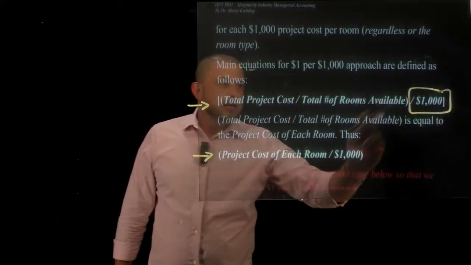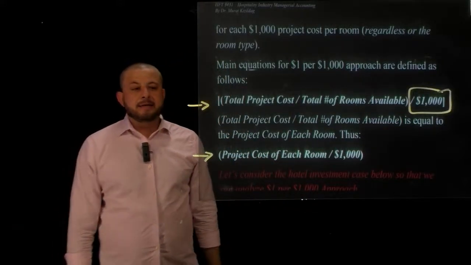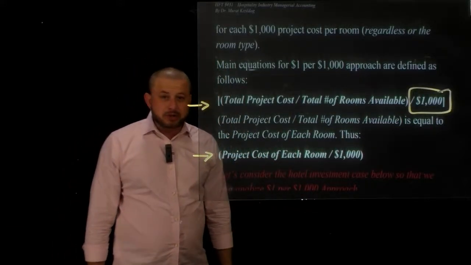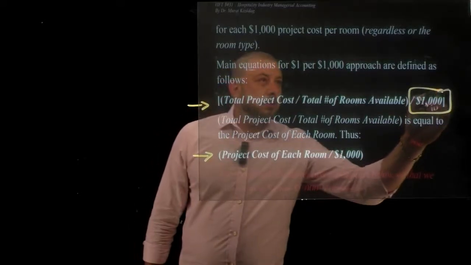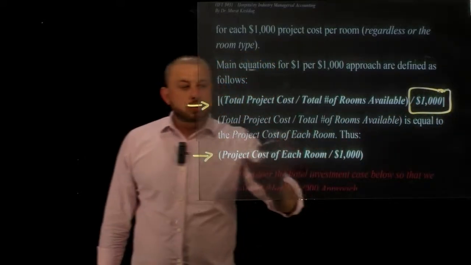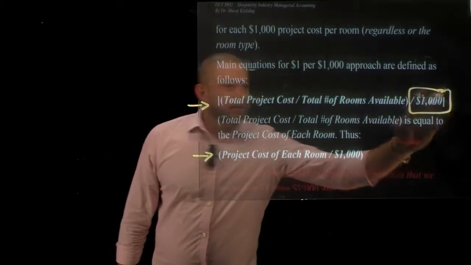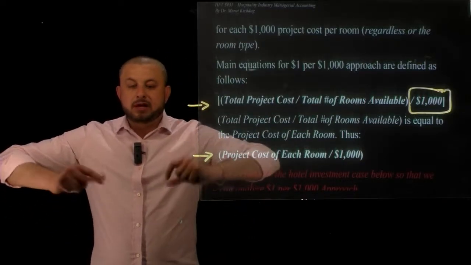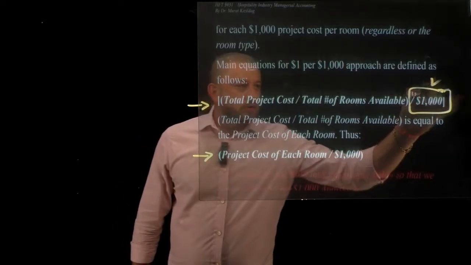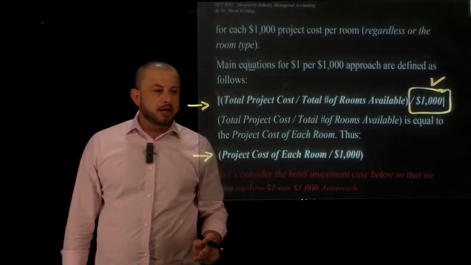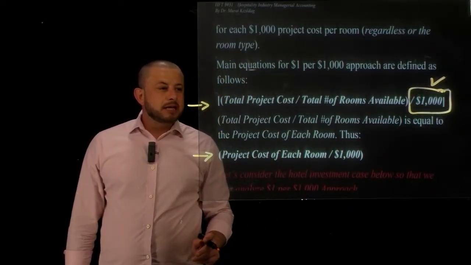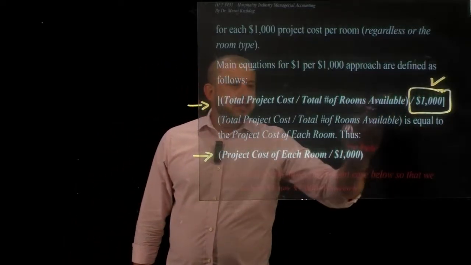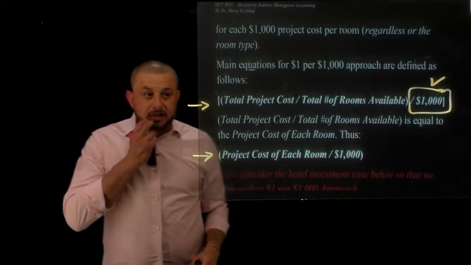I'm going to talk about this. $1,000 becomes the main equation. This $1,000 is the stable number that for every $1,000 gives us a value of how much we should charge. So it is always $1,000, never changes. Therefore, we will need to find ADR, or the price that we can charge for the rooms.